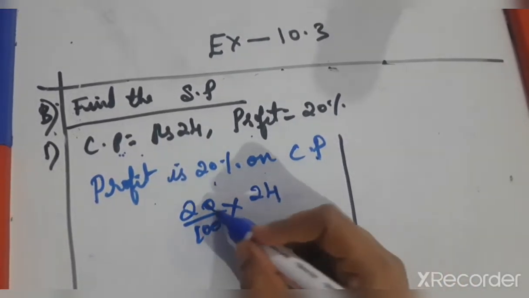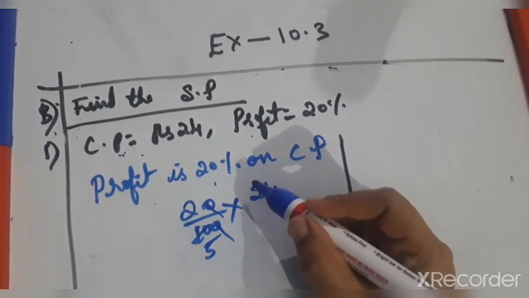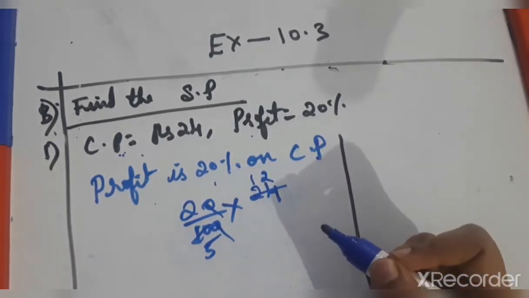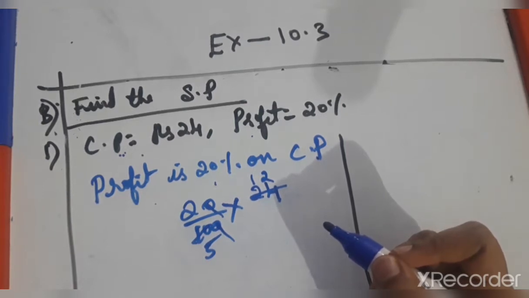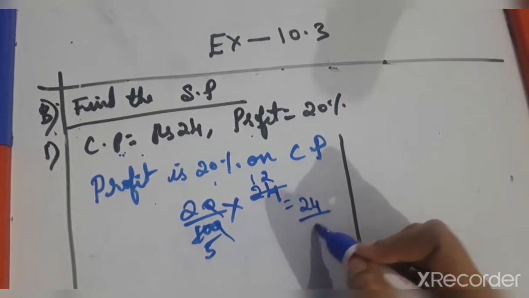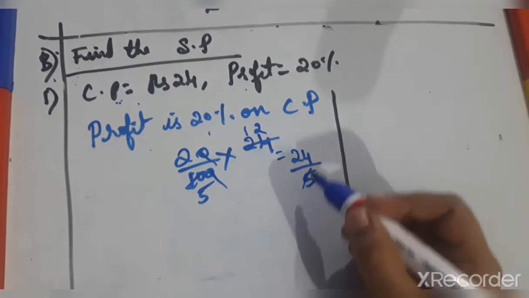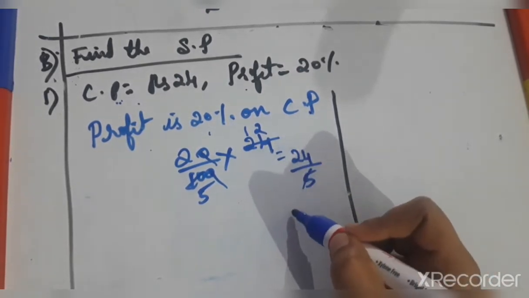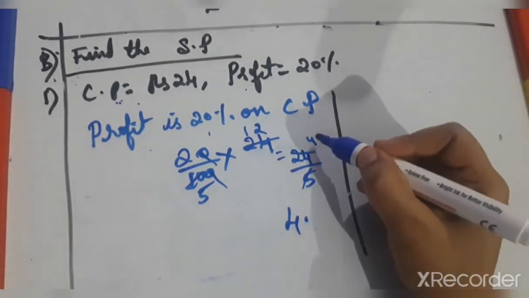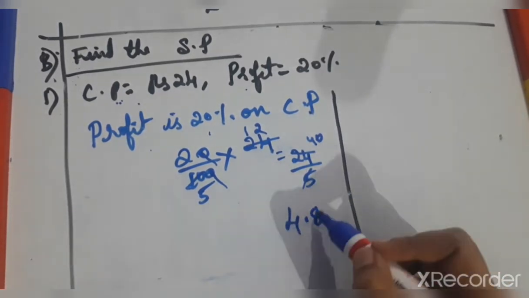Zeros cancel, 2 fives are 10. 2 ones are 2, 2 twos are 4. Now 12 into 2 is 24 by 5. 5 ones are 5, 5 fours are 24, remainder. Decimal point, we can get 0. 5 eights are 40. So 4.8 rupees.